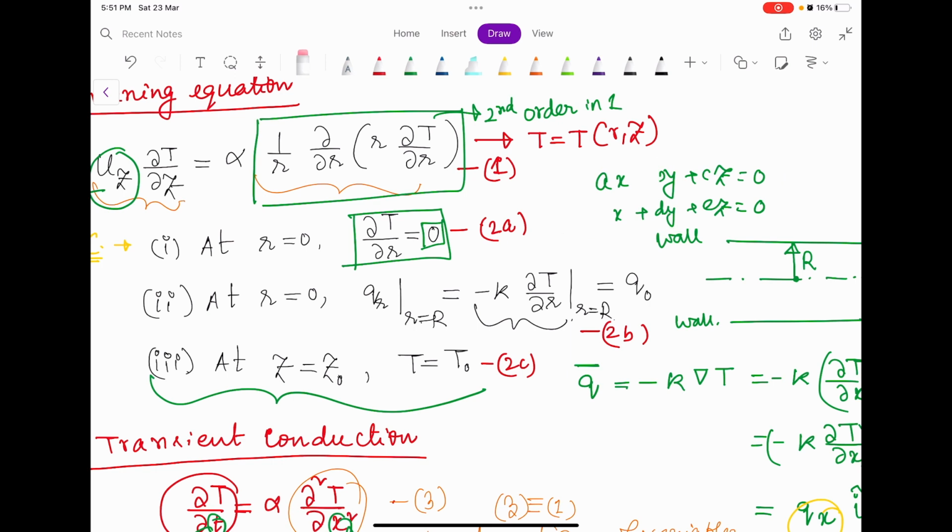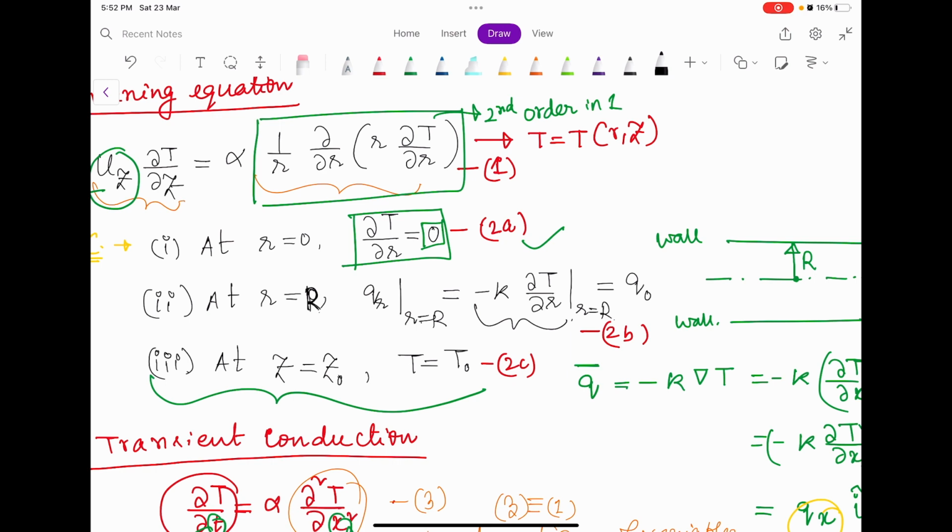Okay, so you see that the boundary condition is homogeneous for 2a, and for 2c it is non-homogeneous in the Z, but the second boundary condition for R, okay, so I have written it wrongly, I apologize, and this is at the wall, so it should be at r equal to capital R. Okay, but at r equal to capital R, q_r, that is minus k del T del r, or in other words del T del r at r equal to R is equal to minus q by k.